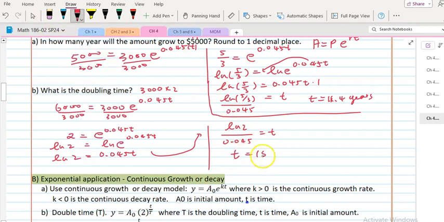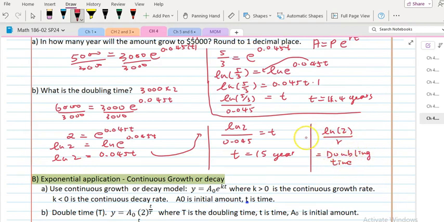When we solve this, I used 0.045. You can actually put it as r. So the side effect of doing this problem is ln 2 over r is equal to the doubling time for continuous compounding. And you can use it to approximate periodic compounding.